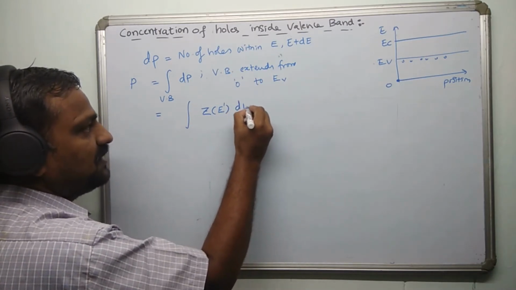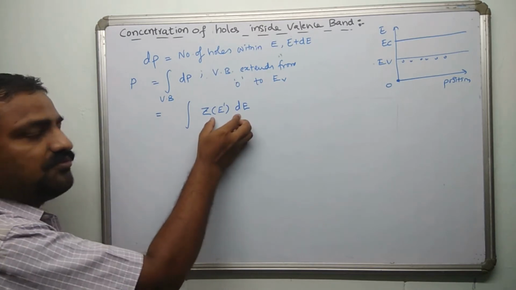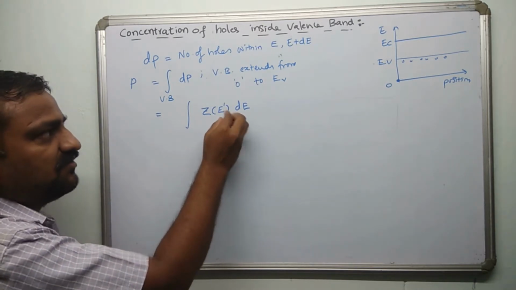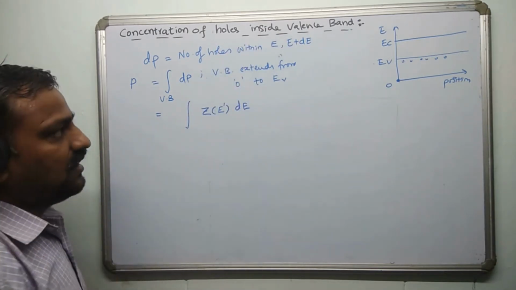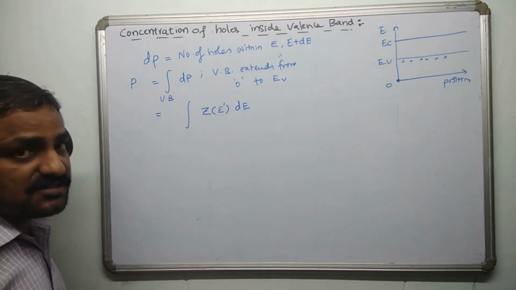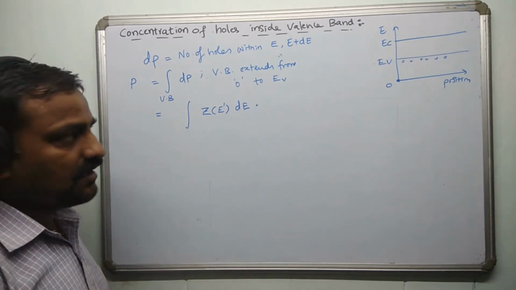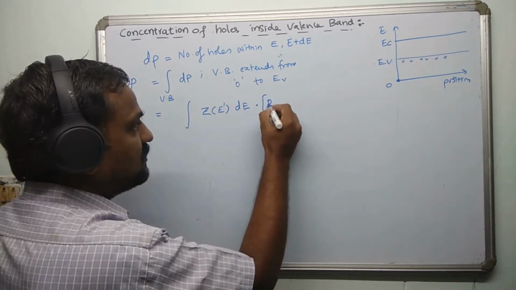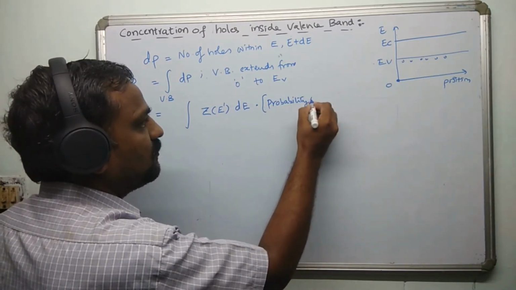And when you multiply by dE, this is going to tell you the number of states available within the energy interval E and E plus dE per unit volume. And there is no guarantee that all states are filled. So we must multiply by the corresponding probability. So you must multiply with the probability of hole.